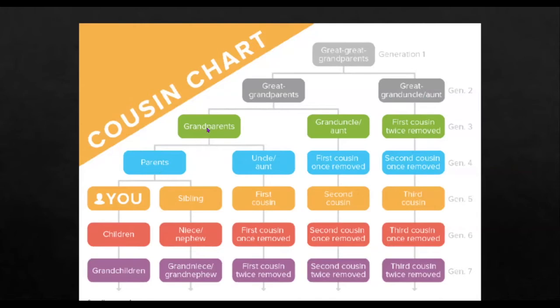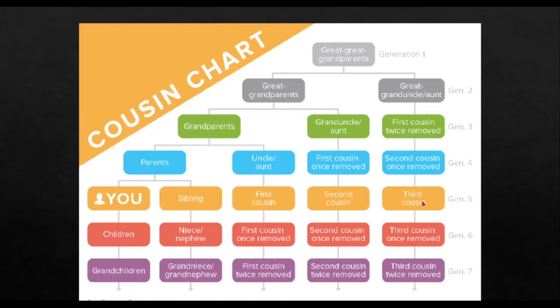If you share grandparents with someone else, they're your first cousin. They are the child of your aunt or uncle. If you share great grandparents, right? So here we've got the G plus the G. So that person across from you is your second cousin. If we go up one more level, then the great great grandparents as the common ancestor are your third cousins.